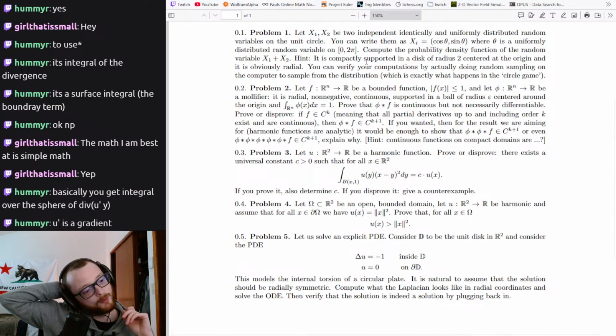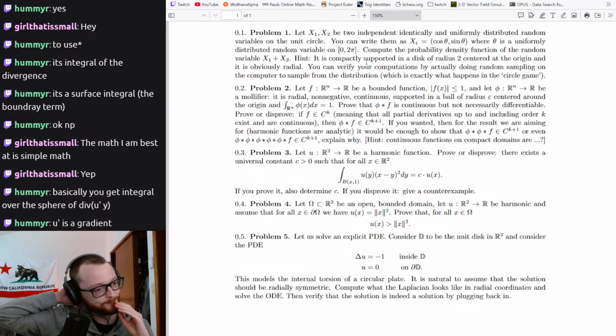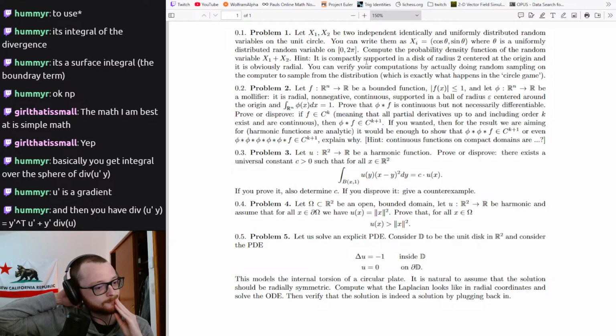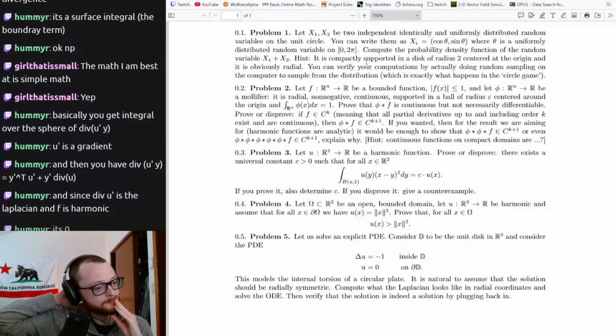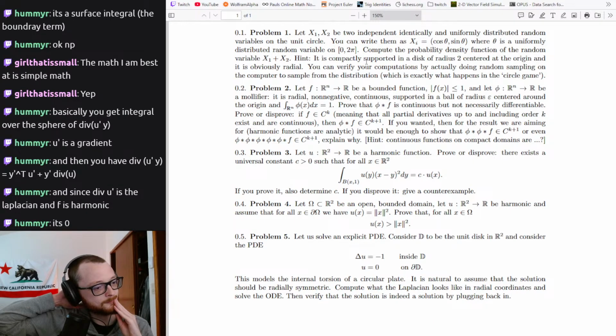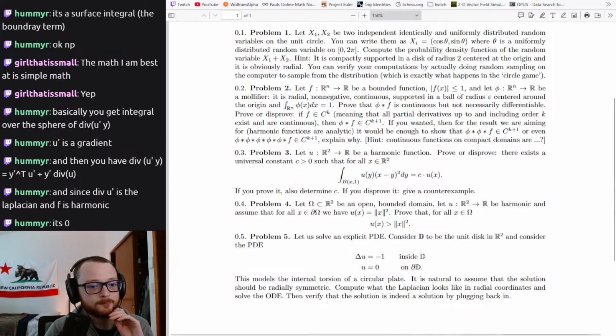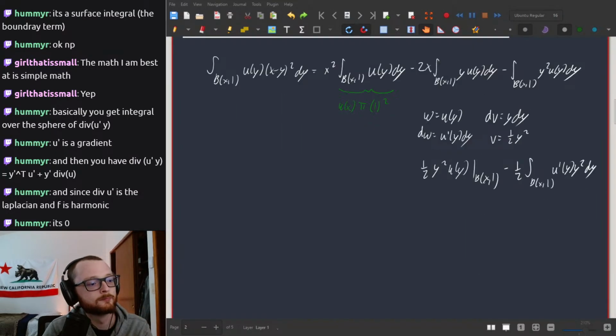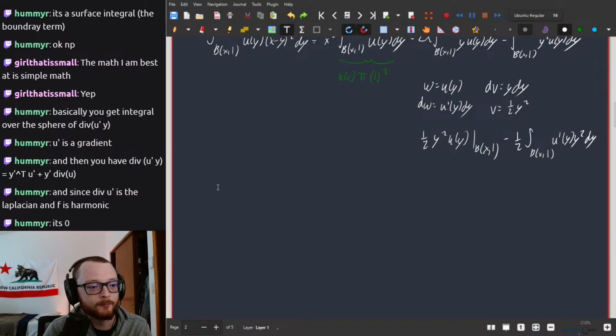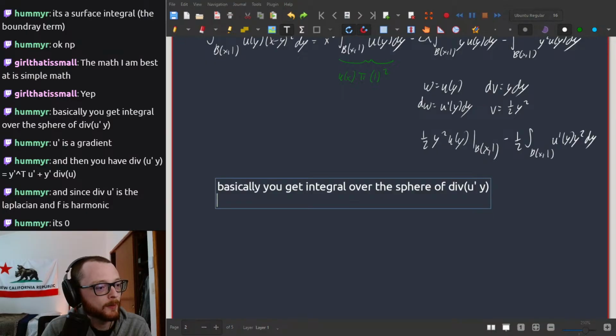You get the integral over the sphere of div u prime y. u prime is the gradient. Let me copy that down so I can think about it later.